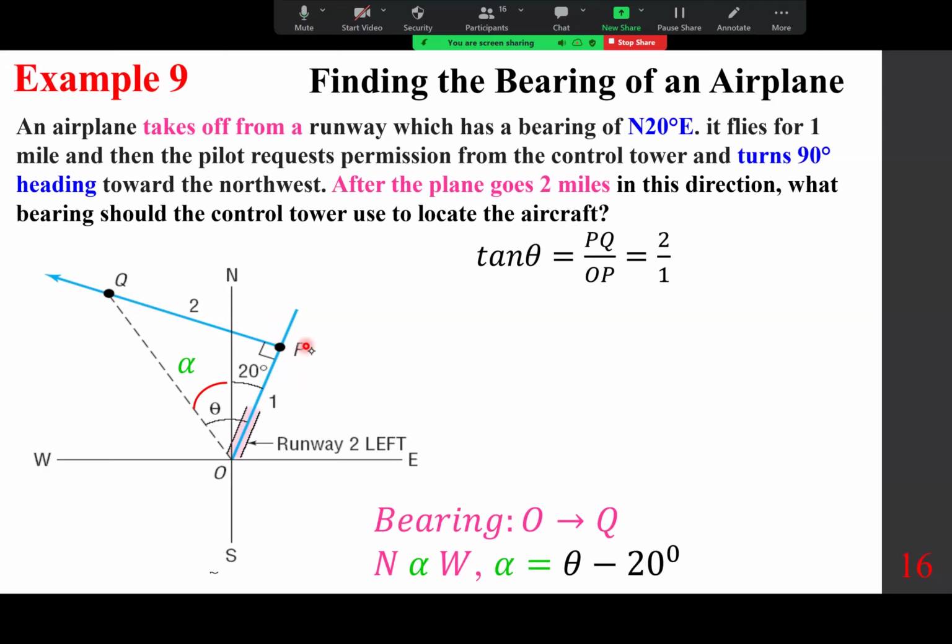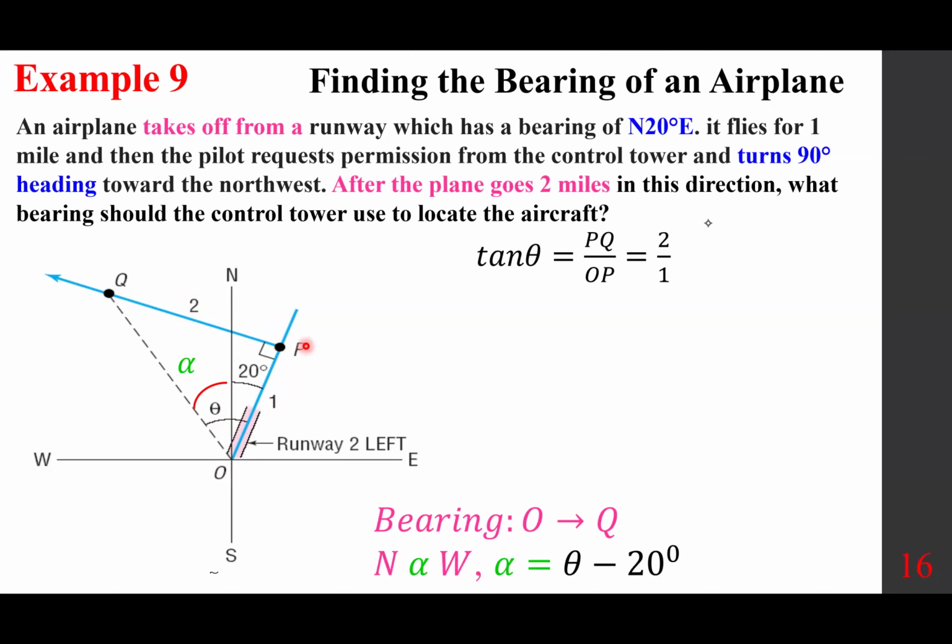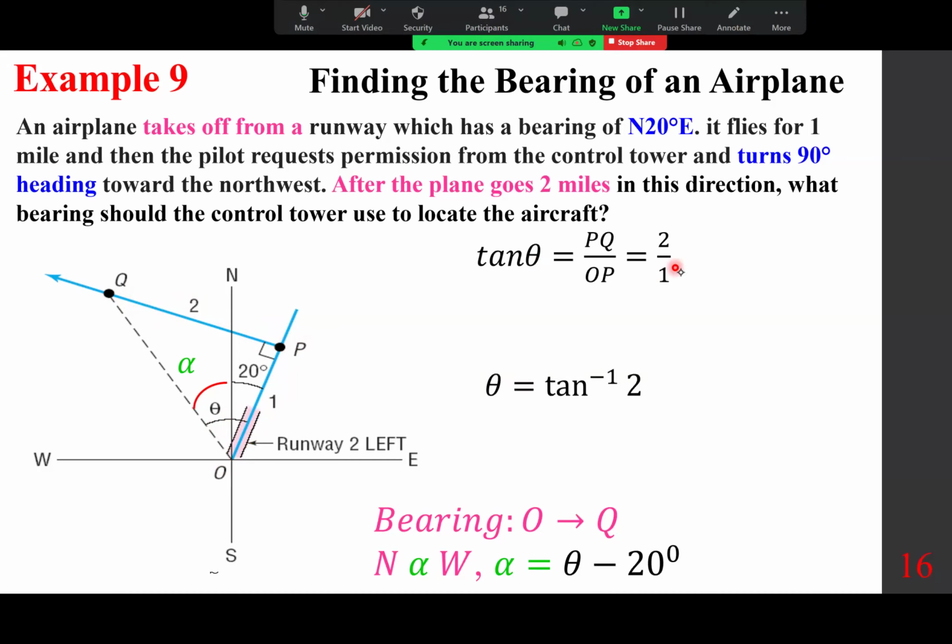PQ over OP, 2 over 1 or simply 2. So what is theta? Tan inverse of 2. And you put it into a calculator.